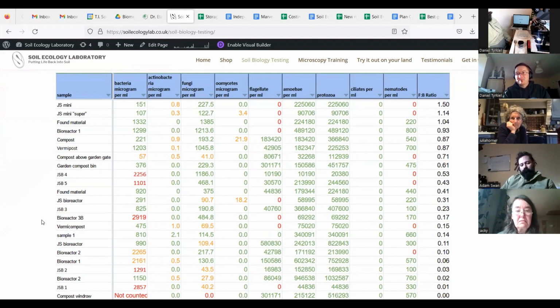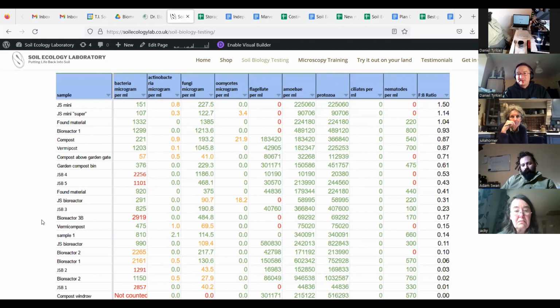What we measure using the microscope is four main groups of microbes: bacteria, fungi, protozoa, and nematodes. Those are the beneficial microbes that we look for. So the first column is bacteria, the third column is fungi, and the fifth and sixth columns are the flagellates and amoebae. Those are the protozoa.